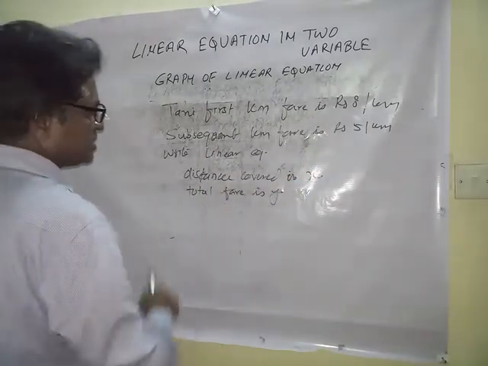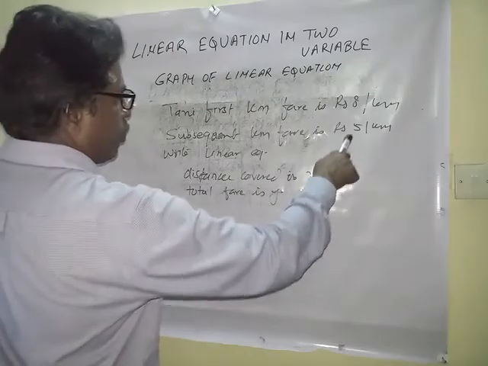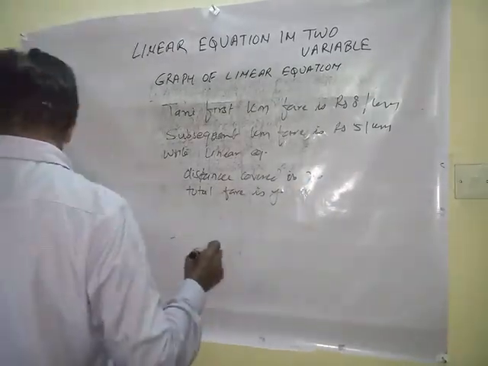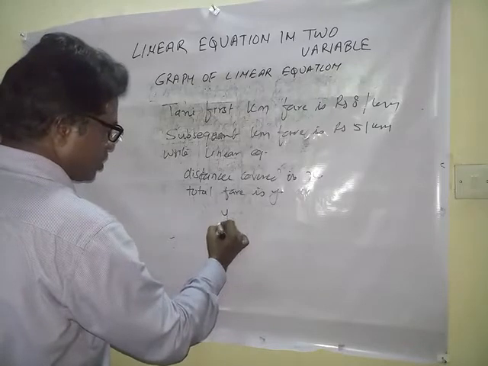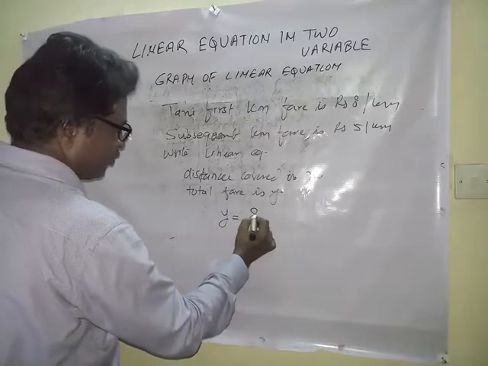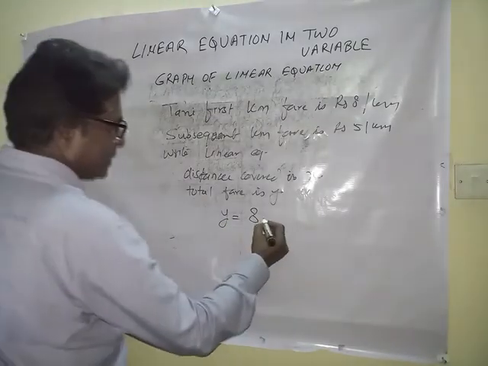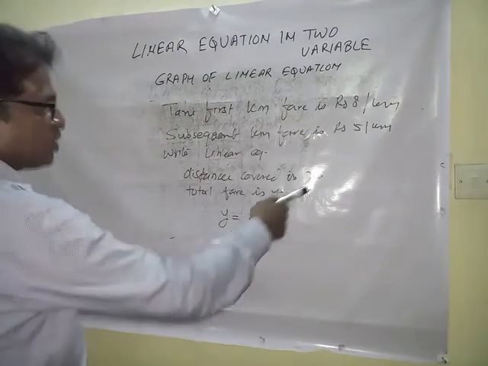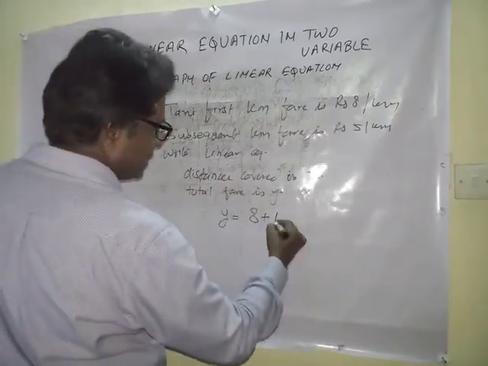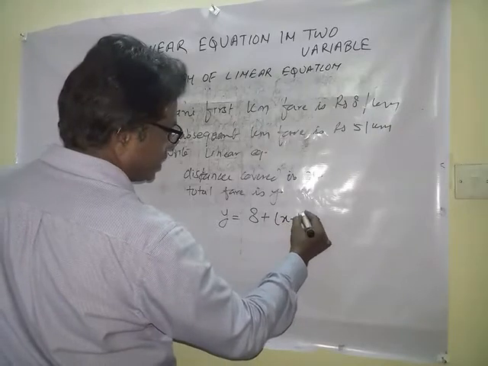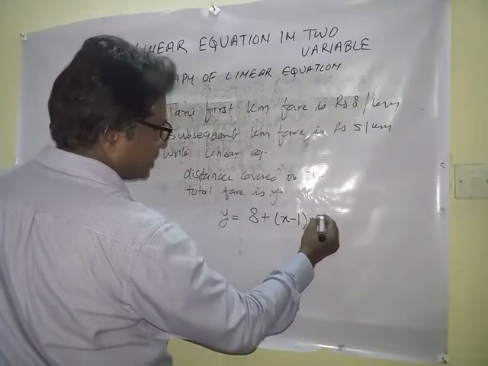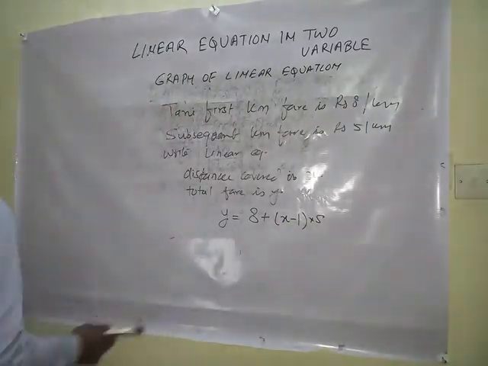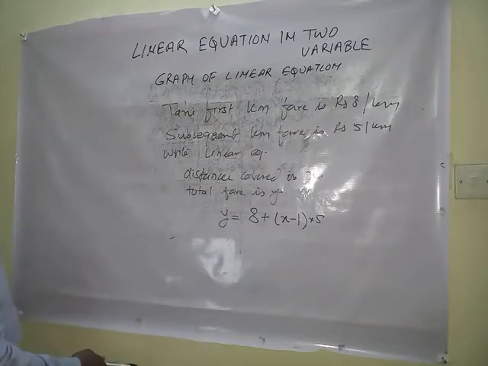So here is the distance covered. So 5 should be multiplied by x minus 1. So total fare will be equal to the first kilometer fare plus, because 1 kilometer is already traveled, x minus 1 multiplied by 5. So that is what your linear equation is.